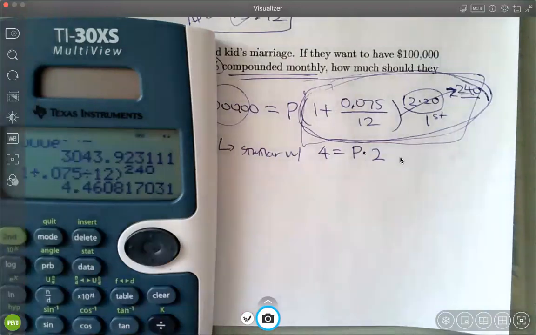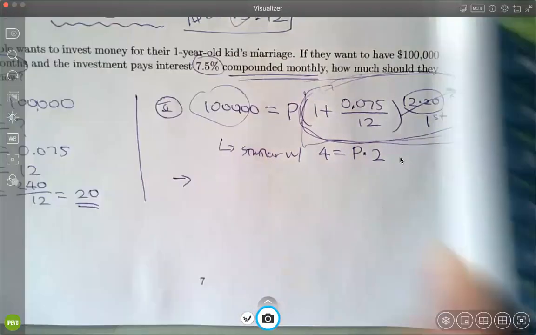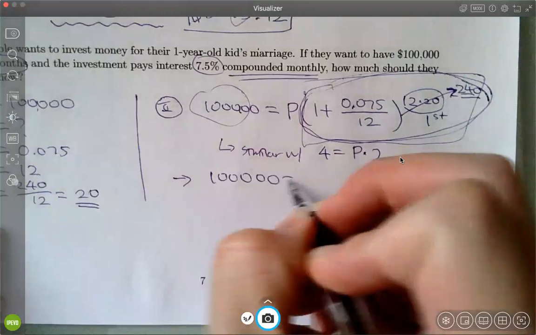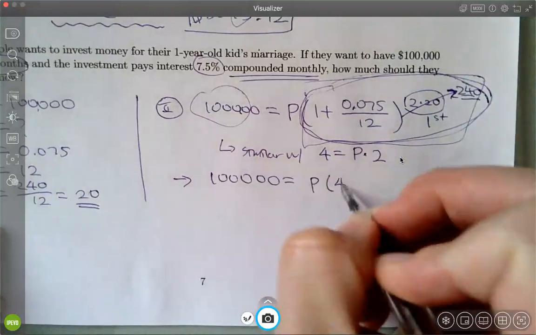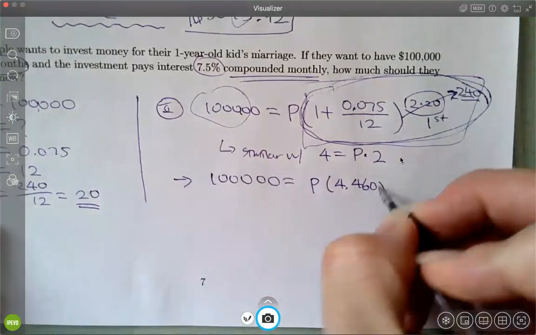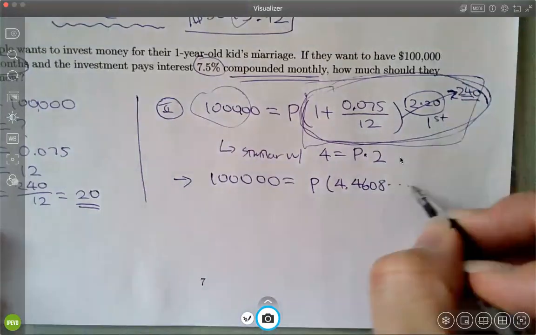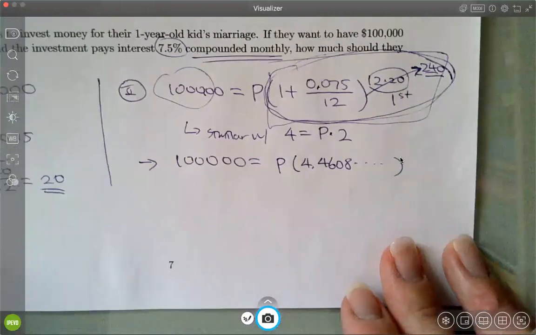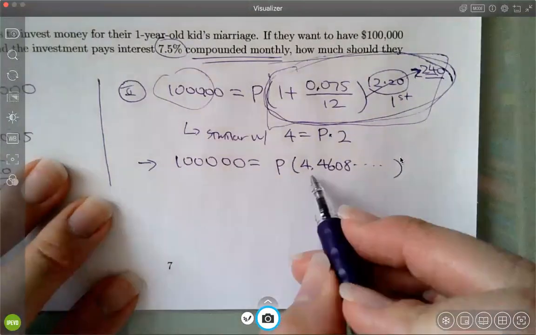Okay, so you should get something like 4.4608 and so on and so forth. Okay, so what you have is 100,000 is equal to P times 4.4608 and so on. Okay, so now one thing that you have to be careful about is don't round this decimal.